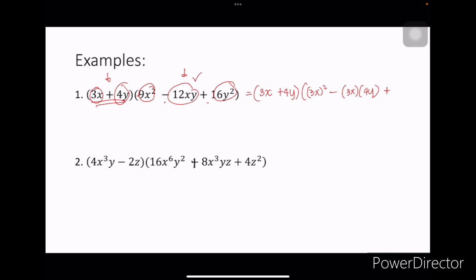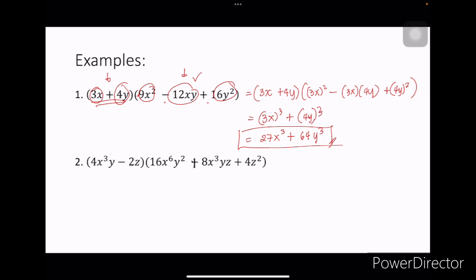Since it's alternating in sign, just simply copy it, plus 4y quantity squared, which is equal to 16y squared. So this is equal to the cube of the first term plus, since it's plus, the cube of the last term. So you will have now the cube of 3, that's 27, plus the cube of 4, which is 64y cubed. So this is now the final answer.